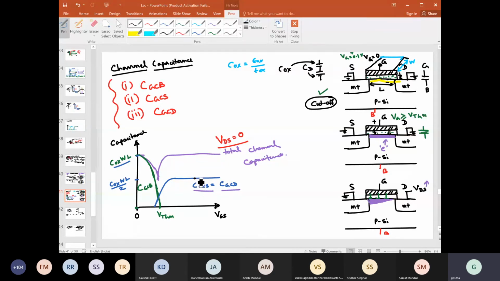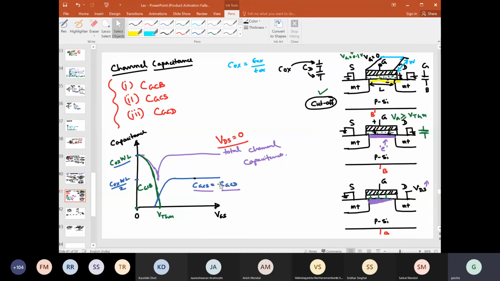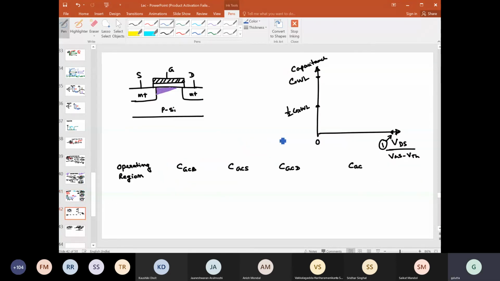Both are equal, right? Let us see also how we have denoted it. One is using blue. So this will be the value for both CGCS and CGCD.